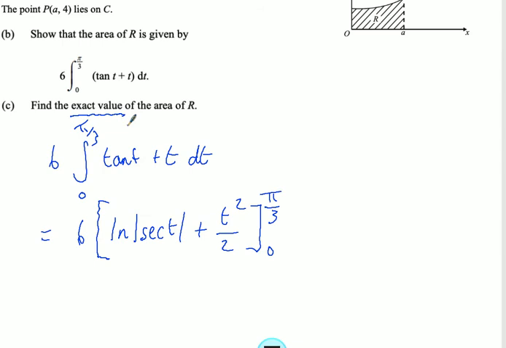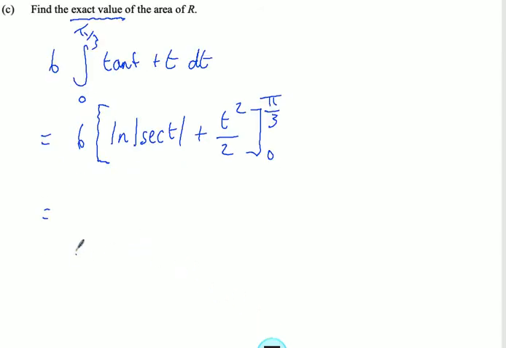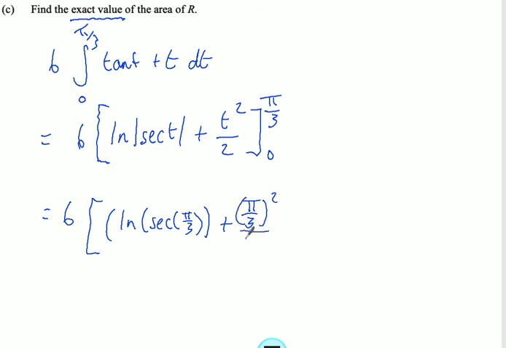And then there's this little catch here, exact value. So if we were to try and type this into our calculator fully, your calculator isn't going to do the trick for us here. So we may have to do it a little bit more manually. So it's 6 lots of ln sec pi over 3 plus pi over 3 squared over 2, subtract ln sec 0 add 0 over 2.